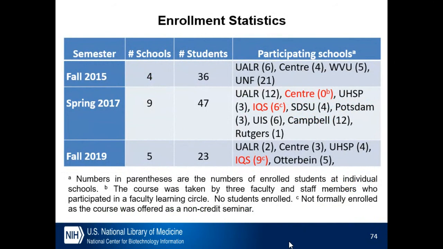So far, we have run this course 3 times, and here is the enrollment statistics. As you can see, we had somewhere between 20 and 50 students from 4 to 9 schools. And one thing noteworthy here is that in spring 2017, Central College had no student, but the course was taken by 3 faculty and staff members who participated in a faculty learning circle.